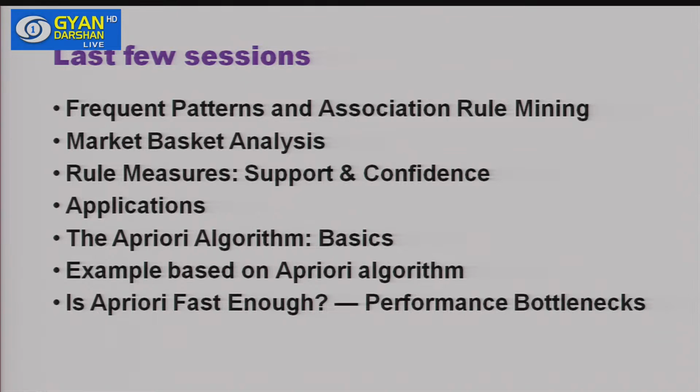We talked about the Apriori algorithm, and we also tried to understand it with the help of an example, and we had a further discussion on how Apriori can be made faster.